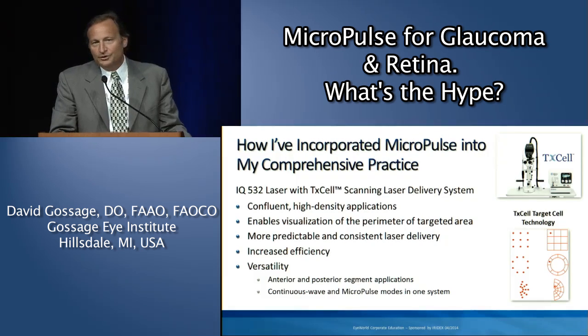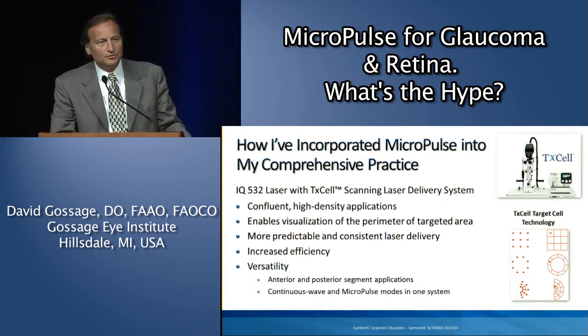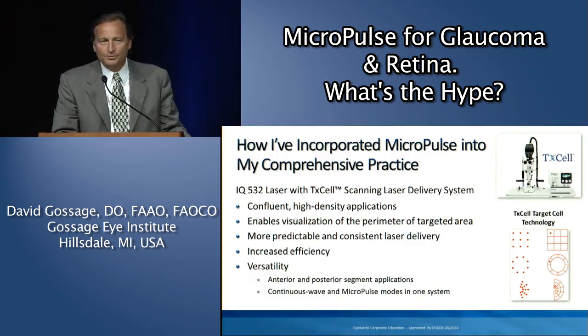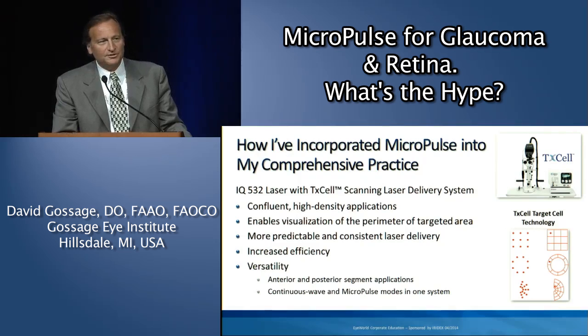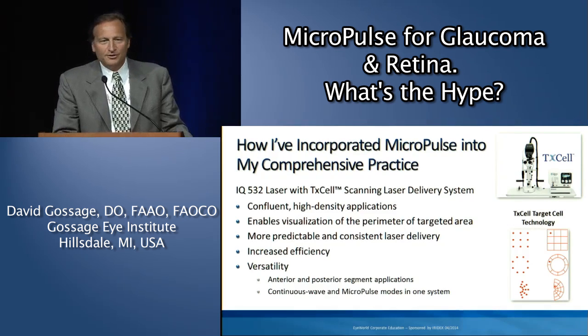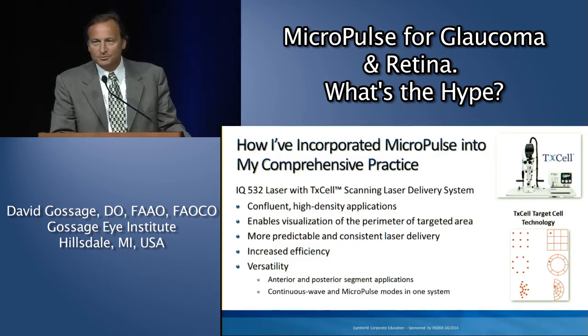It really improved my efficiency. It's made the treatment much easier to perform. So as a laser surgeon performing the operation, you can get the procedure done fairly quickly, which is really nice for the patient, because as a patient having a laser aimed at your eye, you want to have it over with as quickly as possible, and I think the TechCell has really helped in that.